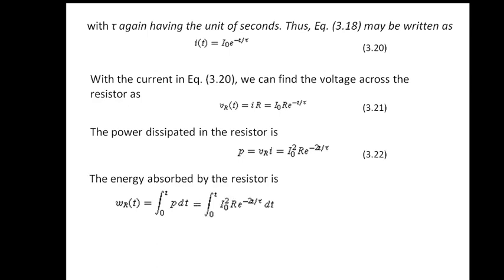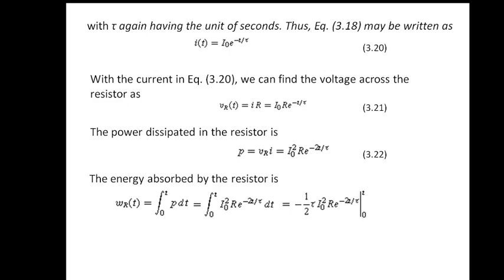You can see here, I naught and R are both constants, so just take them outside, and only the exponential term is a time function. So the integral of e power minus 2t by tau into dt is e power minus 2t by tau divided by minus 2 by tau, with limits 0 to t.